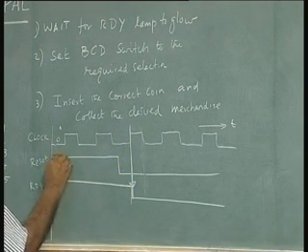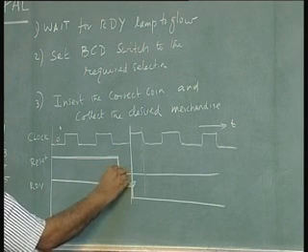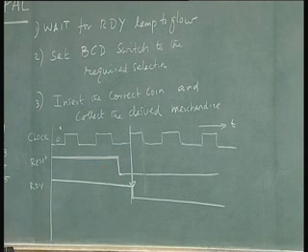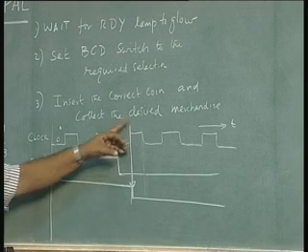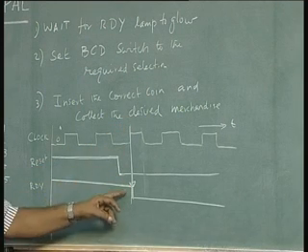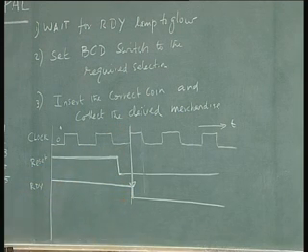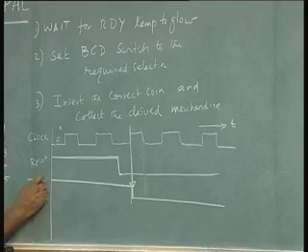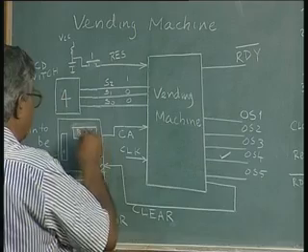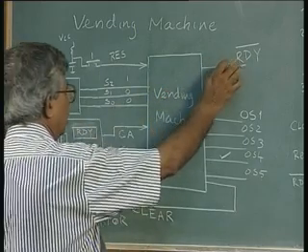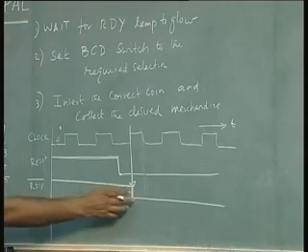Even though my reset has gone low here, only at the next clock edge will my ready signal be available. I am going to call it ready low, does not matter. So, ready low will indicate the lamp. The lamp will glow whenever it is low, that is all right.